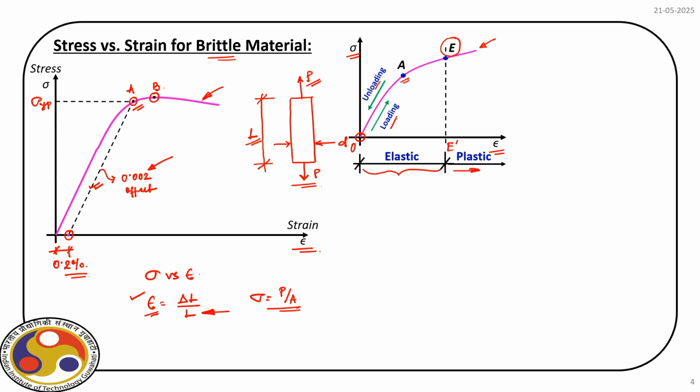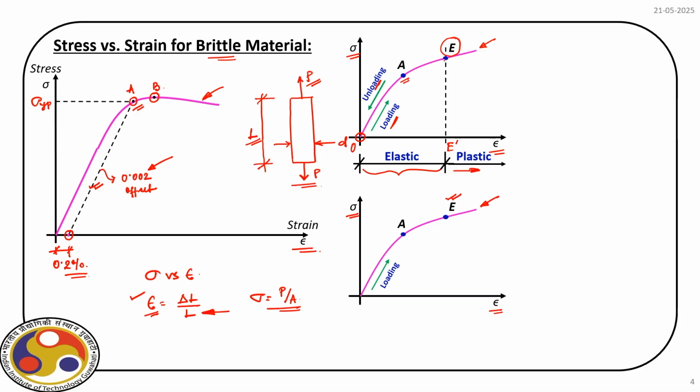Now, not in every case do we have the loading and unloading paths exactly similar. What does it mean? If we take a material and start loading it, then we can trace the path that stress versus strain follows, here shown by this pink line. Initially we have loading. As we keep on increasing, we reach a point say A, and then after crossing that we reach a point E, as you can see on your screen.